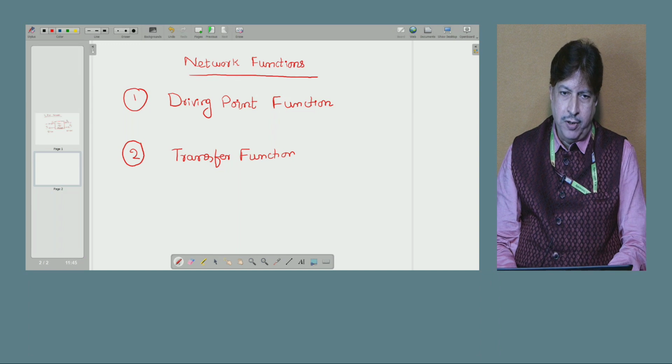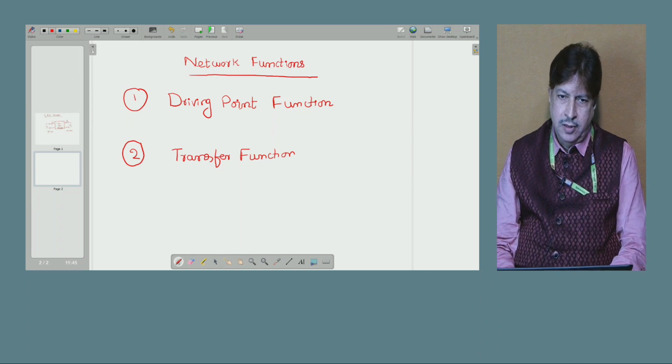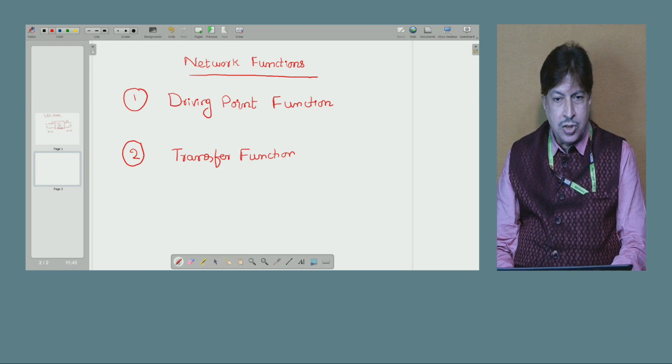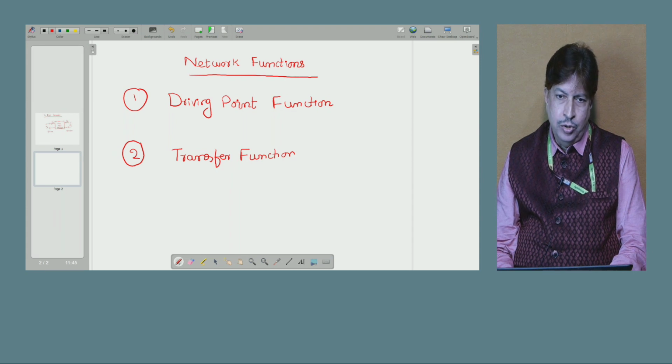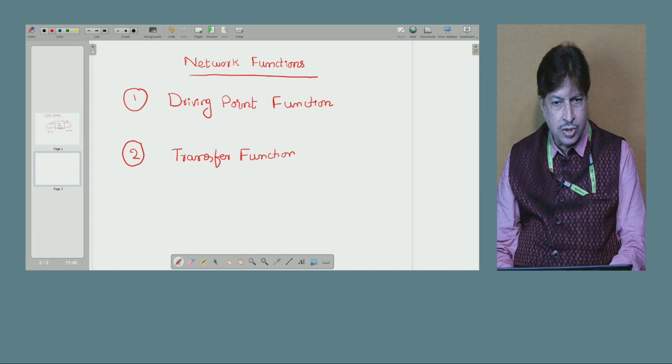Any network function is a ratio of the Laplace transformation of a particular variable to the Laplace transformation of some other variable. Hence, the numerator function is a Laplace transformation.